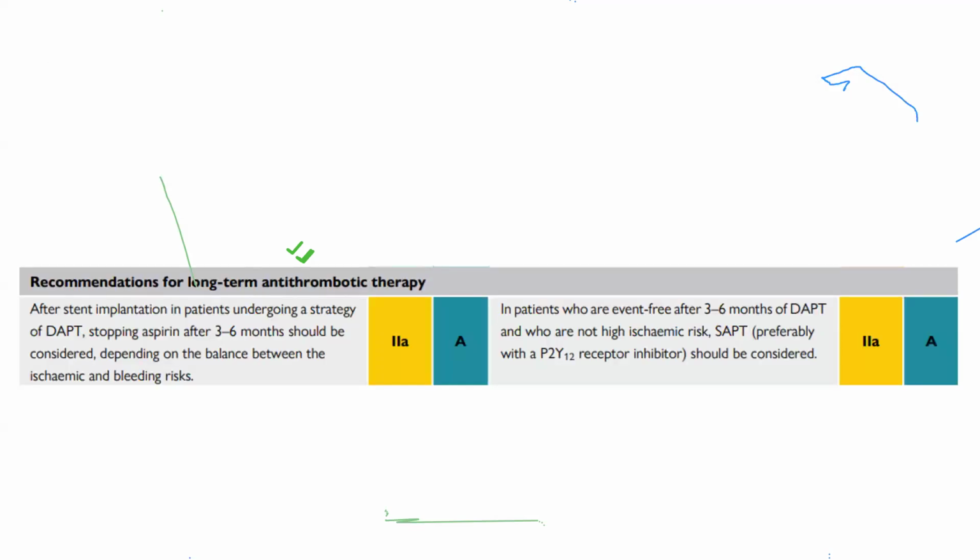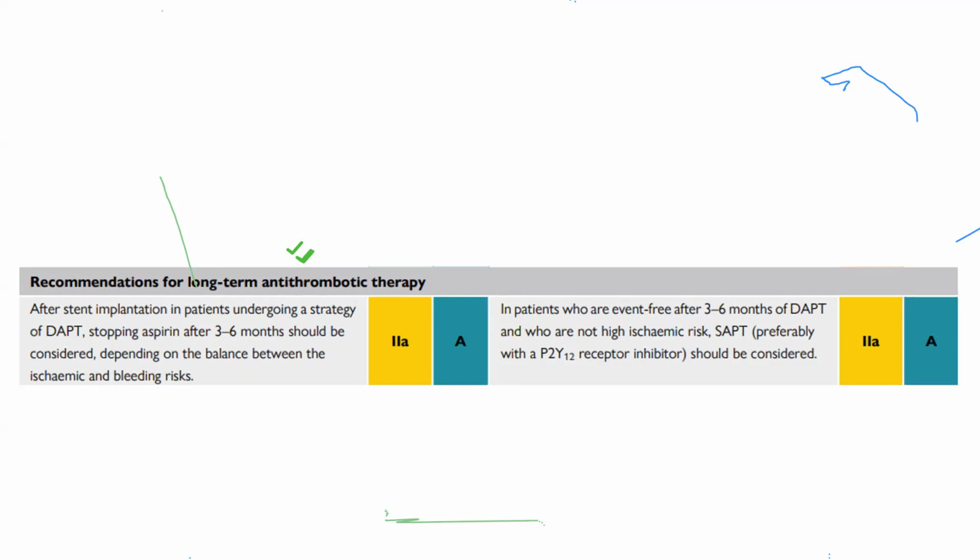With respect to long-term antithrombotic therapy, I'll be doing the old guidelines first, then I'll do the current update. So after stent implantation in patients undergoing a strategy of dual antiplatelet therapy, stopping aspirin after 3 to 6 months should be considered depending on the balance between ischemic and bleeding risks.